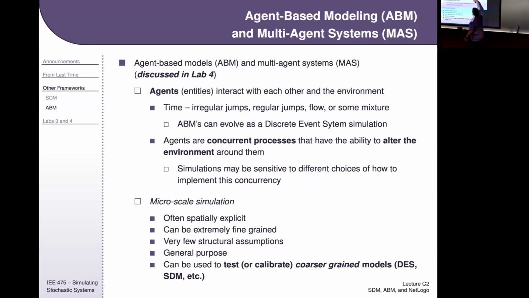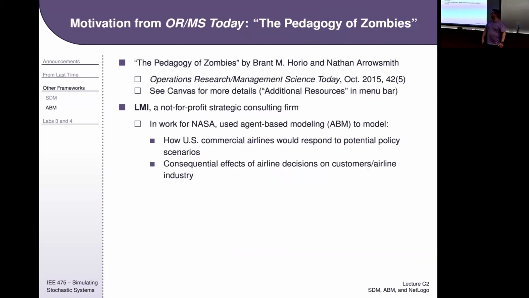This unfortunately means that sometimes your results might change if you re-implement them in a different software program, and it's important to understand the assumptions that the programmers made when they implemented that program. Microscale simulation: spatially explicit, fine-grained, can be very slow, but very general purpose. And so that's ABM.